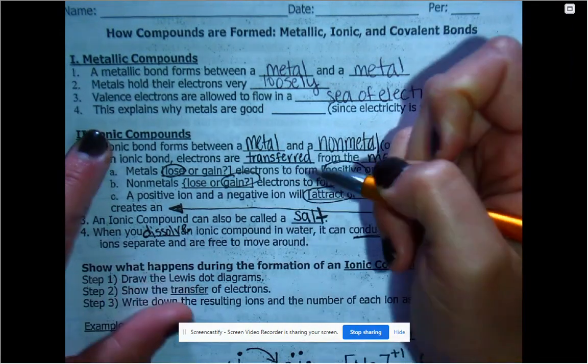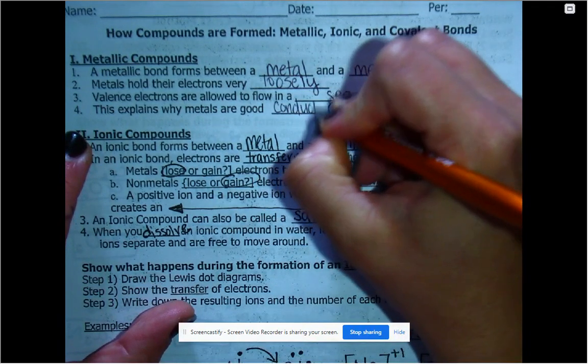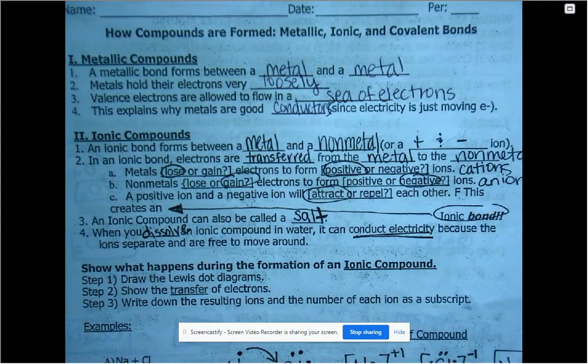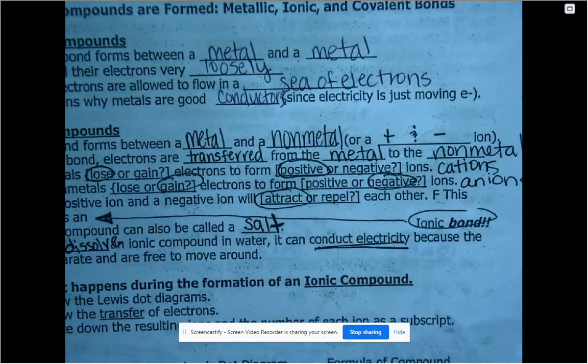And this is why metals are good conductors. So these are metallic compounds. These can be any metal out there, or alloys, which is where we have a mixture of metals. And that's what we're dealing with in metallic bonding. Are there any questions over what I wrote down?